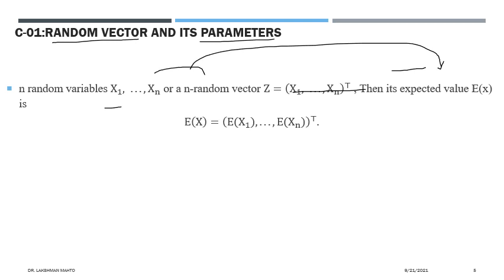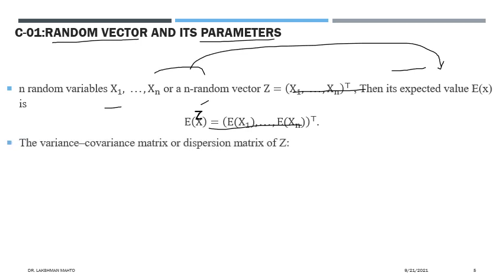So the expectation of z is again an n vector, an n fixed vector, because it is an expectation. We get it by finding the expectation of each corresponding component, x1, x2, and so on. Again this is a column vector, in column representation.